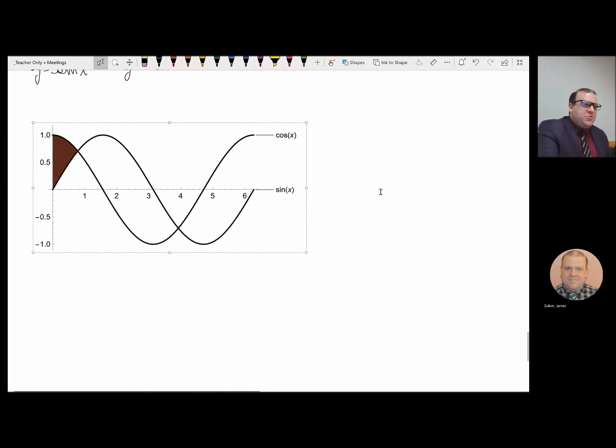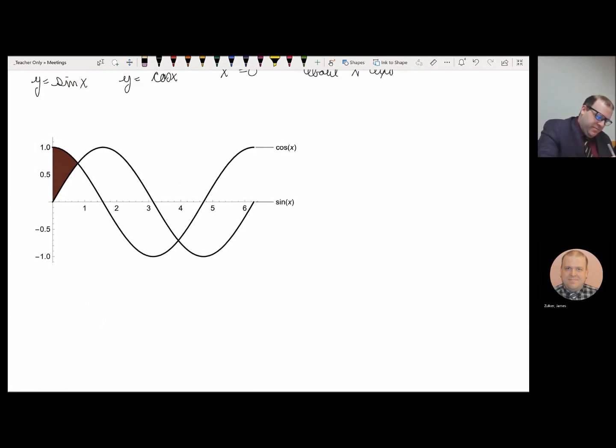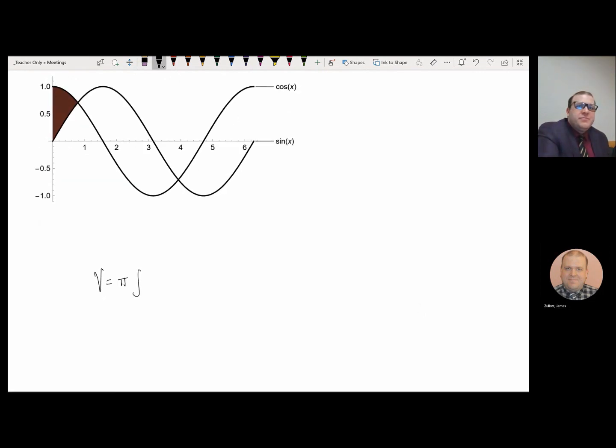Okay, so we want to set up the integral first, right? So volume is pi times the integral. What are the limits of integration? The square of the outer radius. What's our outer radius?